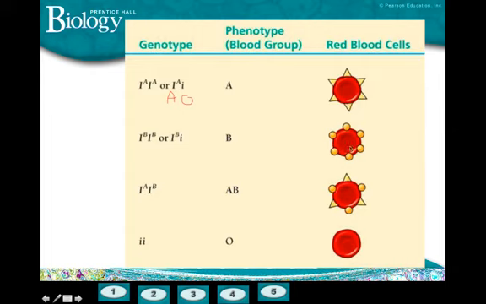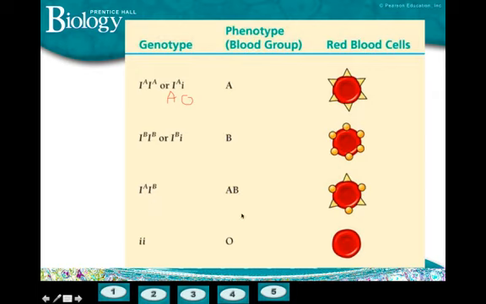But if somebody gave you type B blood, notice how the proteins on the cell surface are structurally different. If they gave you type B blood in a transfusion, your immune system would attack that blood. It wouldn't do you any good. Likewise, if you were type B blood, inheriting either homozygous dominant for B or heterozygous, you wouldn't be able to get A blood.